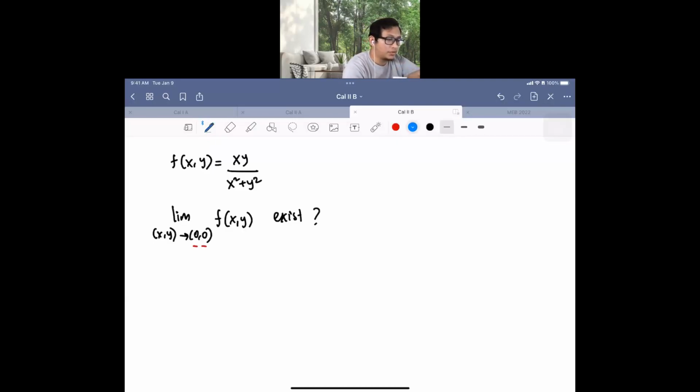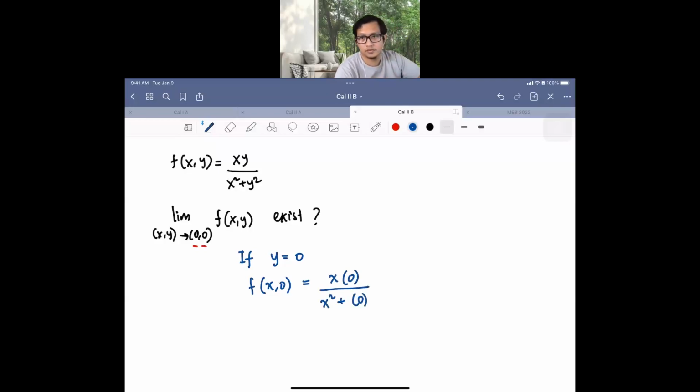If we start with y equals 0, we have f(x, 0), which is x times 0 over x squared plus 0, and thus this will result in 0.